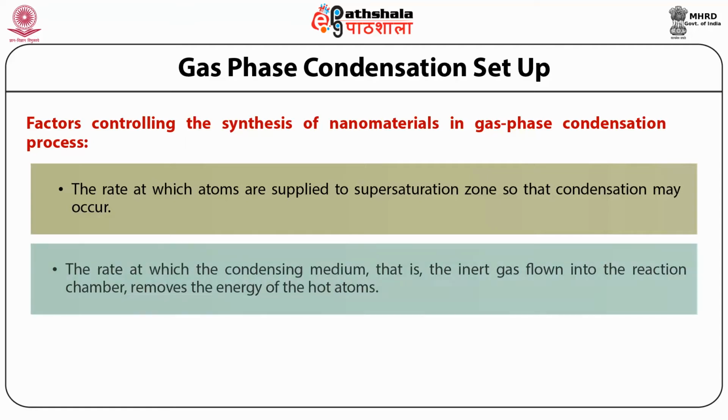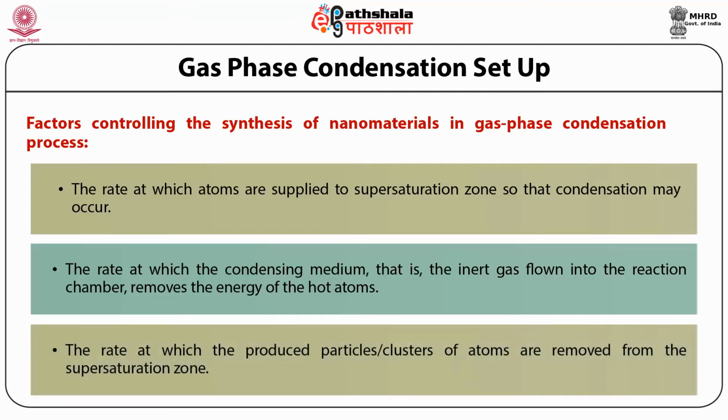Secondly, the rate at which the condensing medium, that is, the inert gas flown into the reaction chamber, removes the energy of the hot atoms. Third, the rate at which the produced particles or clusters of atoms are removed from the supersaturation zone.